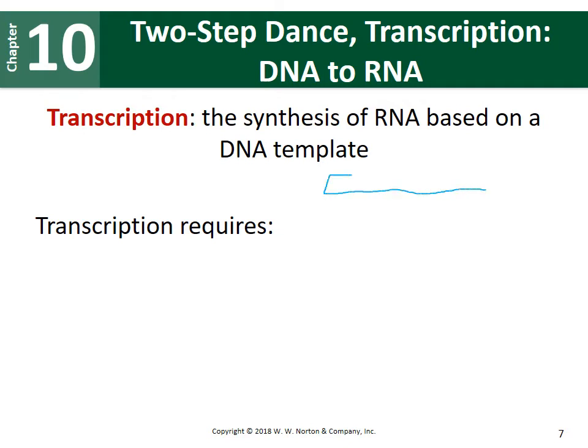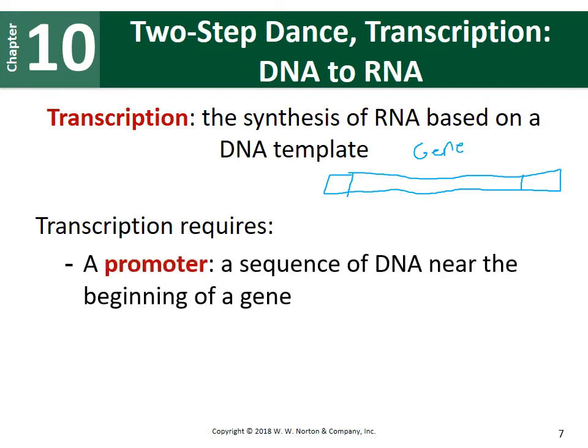So if we look at a sequence of DNA up here, so I drew a gene. On that gene, we're going to have a sequence of DNA near the beginning, and that's called the promoter.